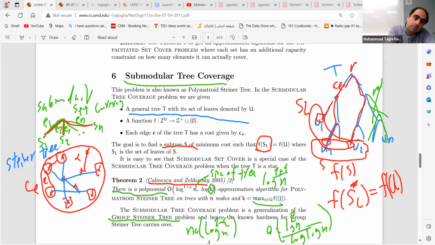Now, there is another problem, which is a generalization of this. It is called group Steiner tree. What is the group Steiner tree? Here, instead of each terminal being one node, a subset of nodes is given.